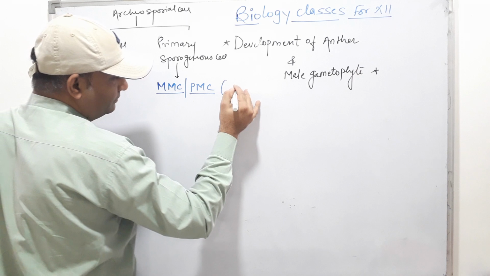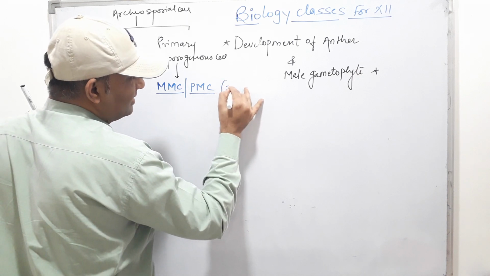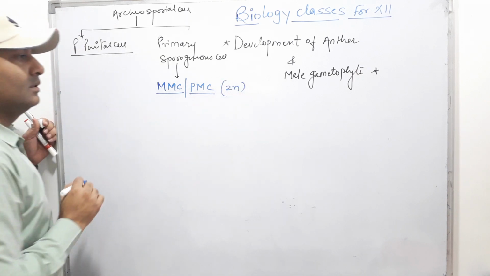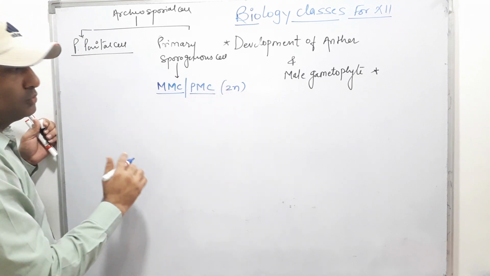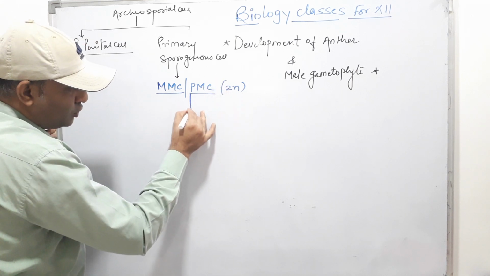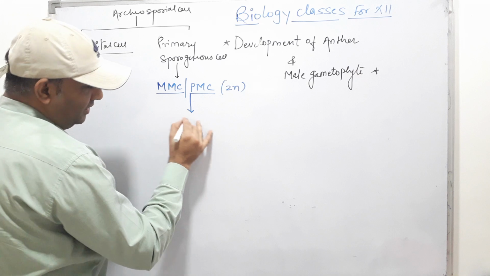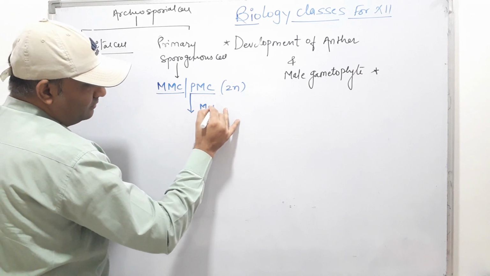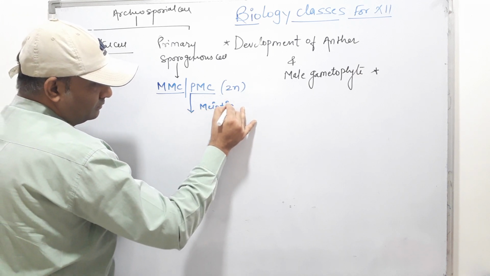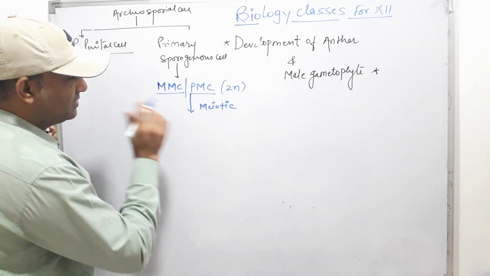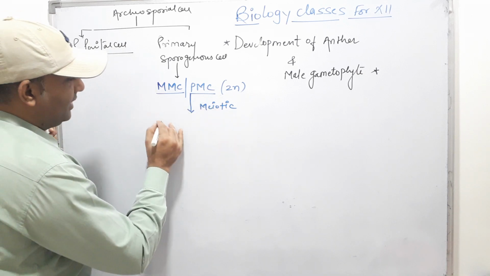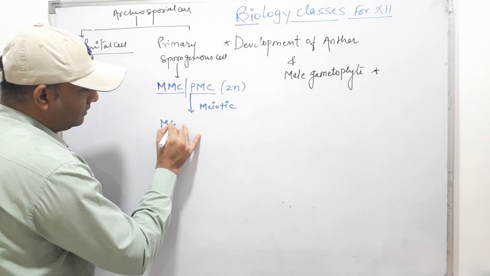The ploidy of these cells is 2n. That means they contain the diploid number of chromosomes. Now the microspore mother cell undergoes a division which is meiotic division, and the process of meiotic division in angiospermic plants is called microsporogenesis.